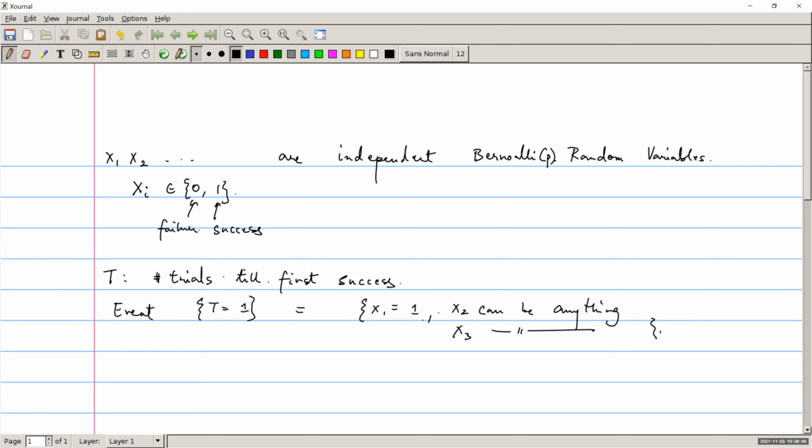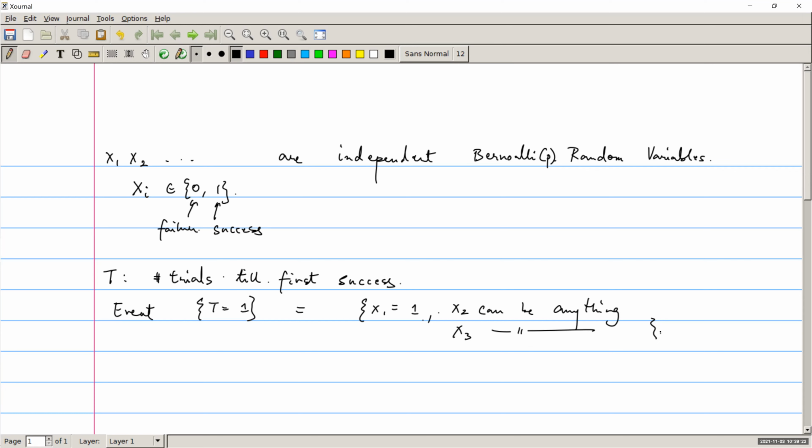Sorry, I think maybe I cut out a little bit there. So when we say X1 equals 1, what we really mean is that X1 equals 1, X2 can be anything, X3 can be anything, and so on.